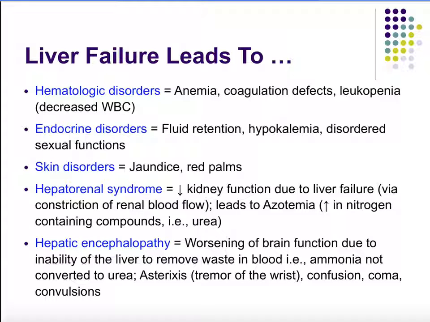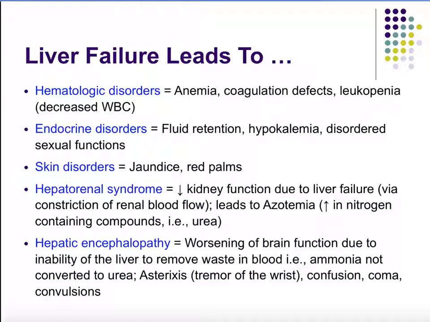We can have skin disorders like jaundice, which we know is related to the bilirubin breakdown of red blood cells. And we can also see red palms. A lot of the times we'll see that with liver cirrhosis. And then we have hepatorenal syndrome. So hepatorenal syndrome is when you have low kidney function due to liver failure.